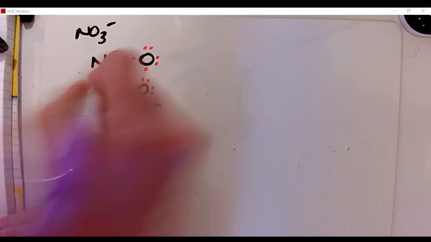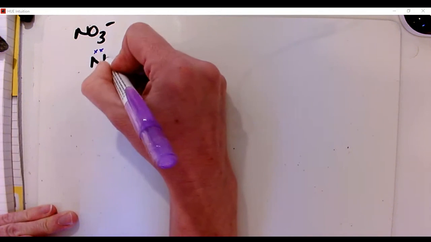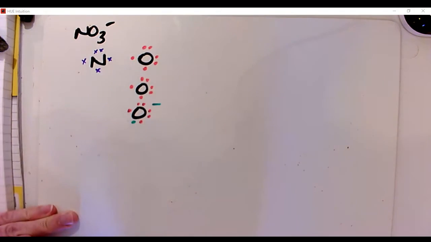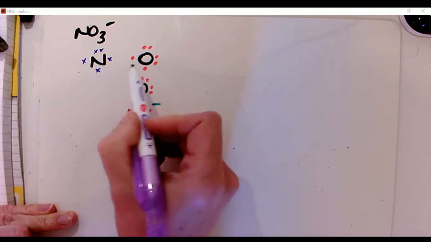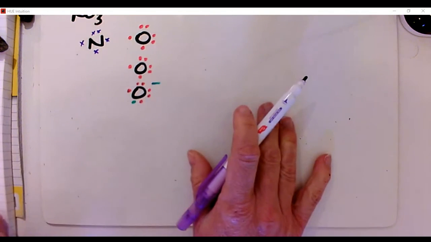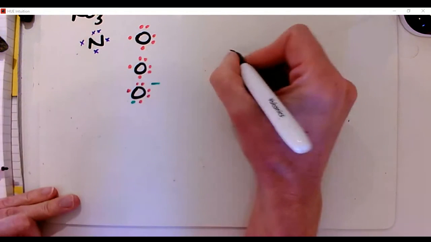Nitrogen, what can nitrogen give? Nitrogen has 5 electrons in its outer shell, so it can, in theory, do 5 covalent bonds, and if it does, it's going to take care of those 3 oxygens. So let's see how that works.